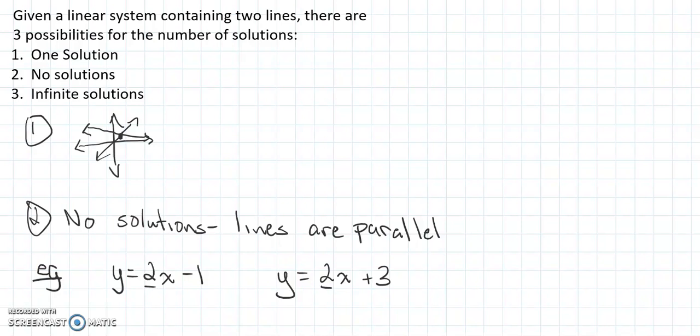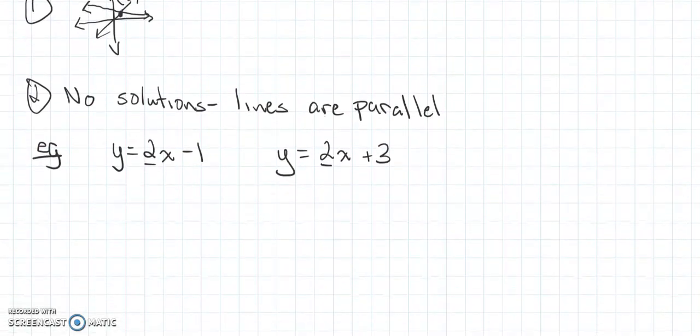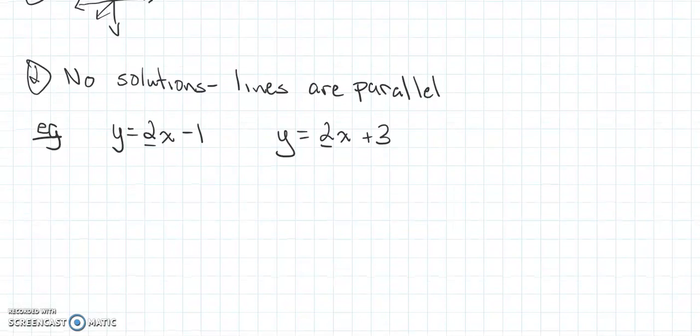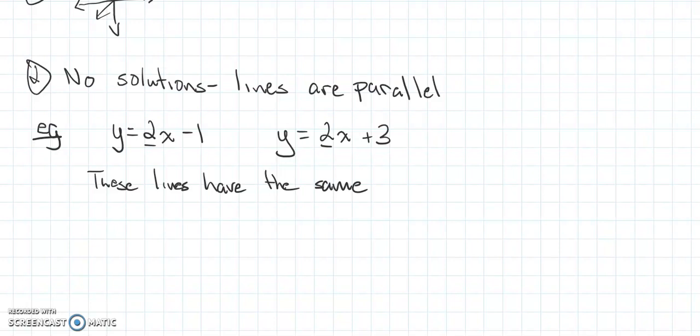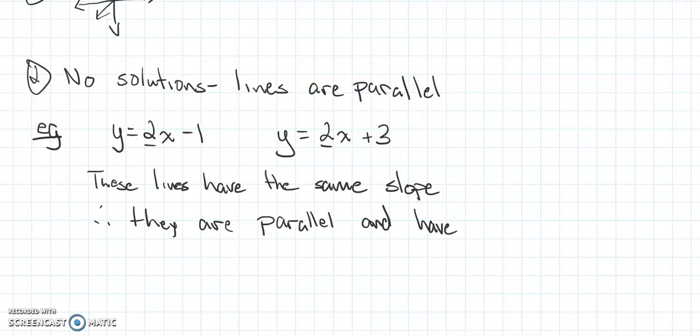If they have the same slope, we know they are parallel, and have no points of intersection.